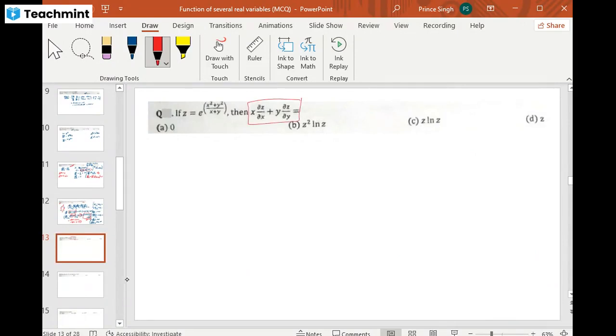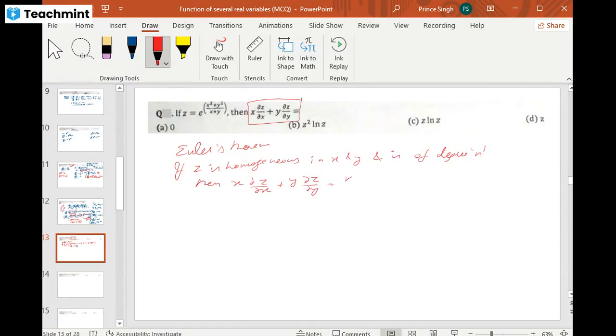Here we have one important result, a result of Euler's theorem, which states that if z is homogeneous in x and y and is of degree n, then x times curly z upon curly x plus y times curly z upon curly y is equal to nz. So this is the result we have.